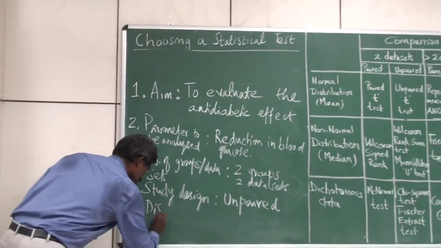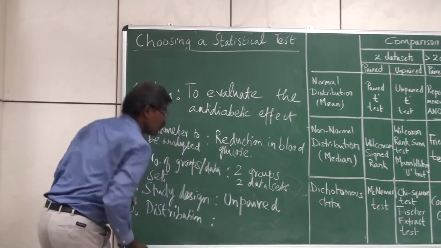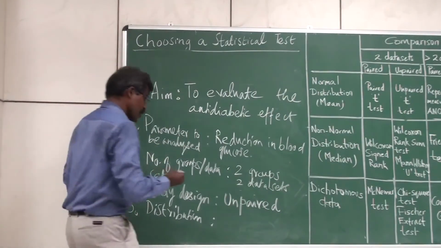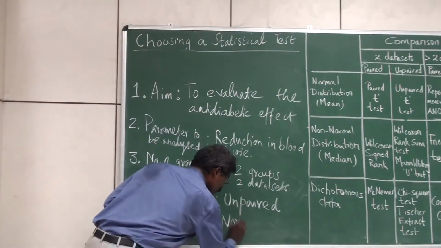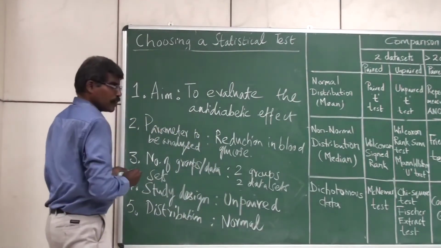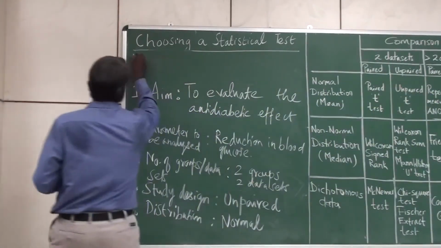So the distribution: blood glucose is a body parameter, it follows normal distribution. There is a sixth factor which we need to write here: what is the type of analysis? I'll just write it here.